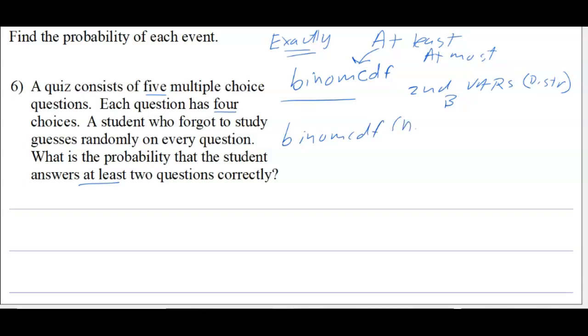You put in the number of trials, the probability of a success, and then the number of successes, X. So if I do n equals 5 for this question, and P of a success is 1/4, and X is 2, this will give me the probability of getting 0 plus the probability of getting 1 right plus the probability of getting 2 right. And that's not what I want.